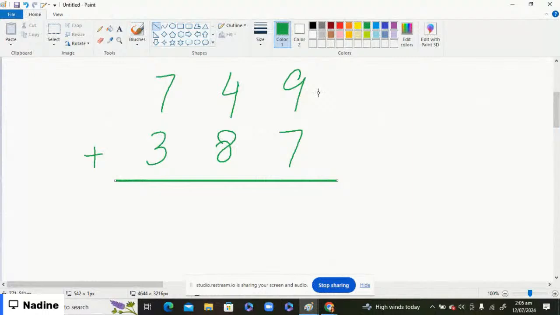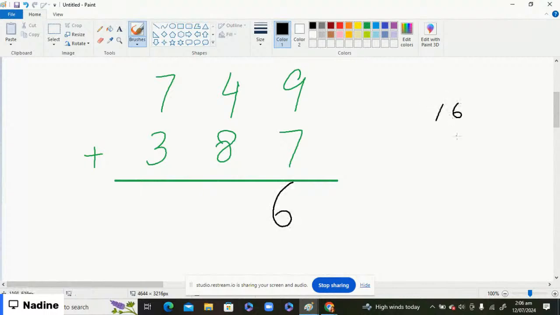So here let's solve 9 plus 7. Okay, I was checking my mic. Now 9 plus 7. What's the answer of 9 plus 7? That is 16.